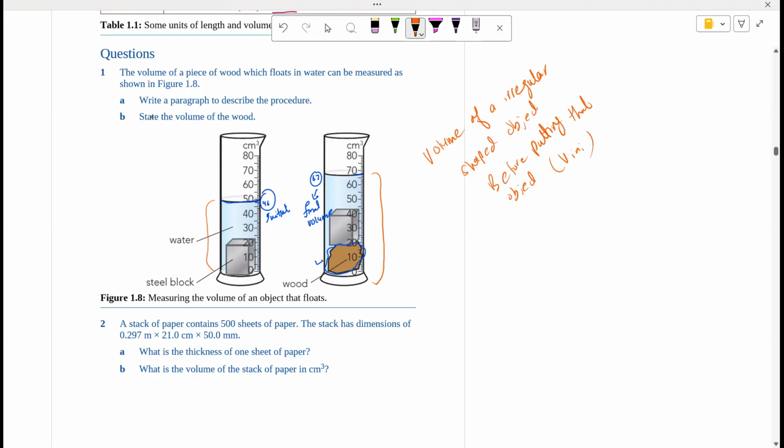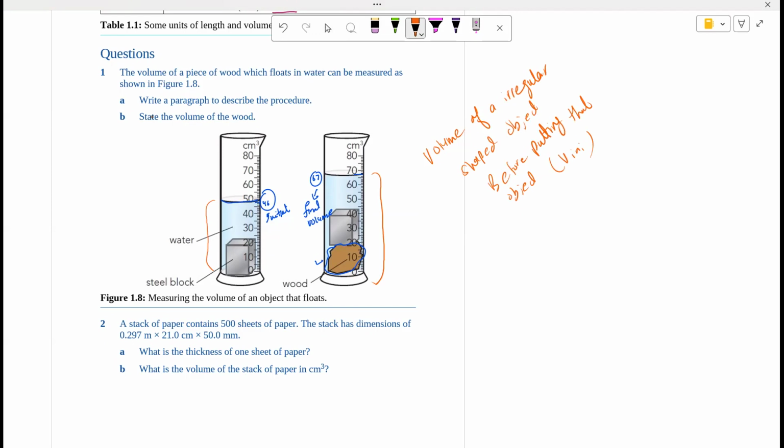Okay? No matter how many objects are placed into the measuring cylinder, the only thing we need to keep in our mind is, before putting the object whose volume is to be measured is considered the initial volume, and after putting the object, it's considered the final volume.